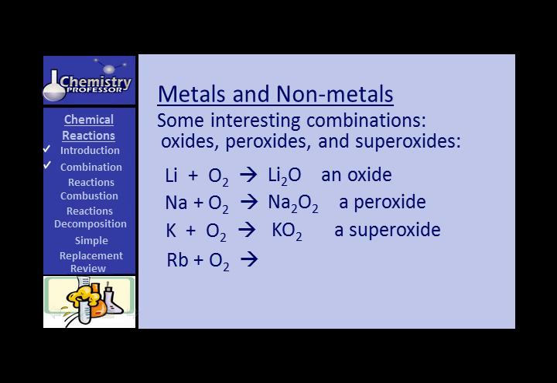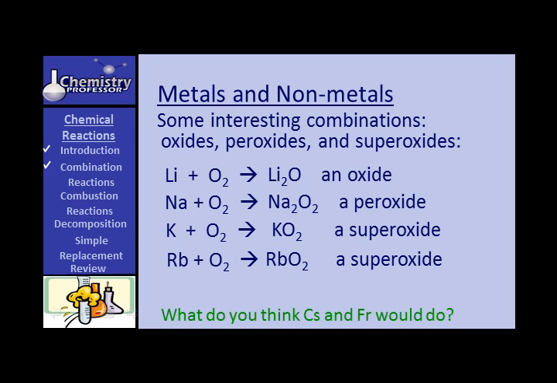Rubidium plus oxygen, see, we're still going down the family of the alkali metals, will produce also a superoxide, RbO2. What do you think cesium and francium might do, the last two? Well, if it follows this trend, then they will form superoxides. The larger alkali metals tend to form superoxides. Just an interesting little item you should have tucked in your pocket.